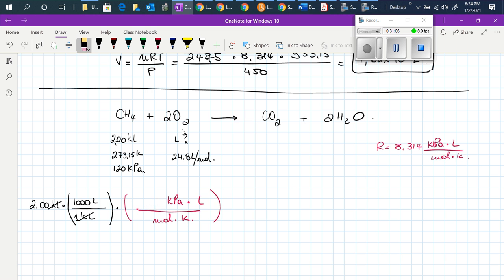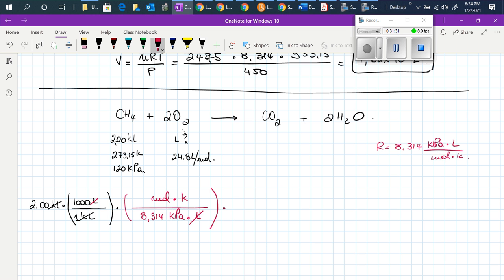So we will write it with the units of liters being in the denominator. So 8.314 kcal, and then we will have in the numerator mole K. So liters and liters are canceled out.